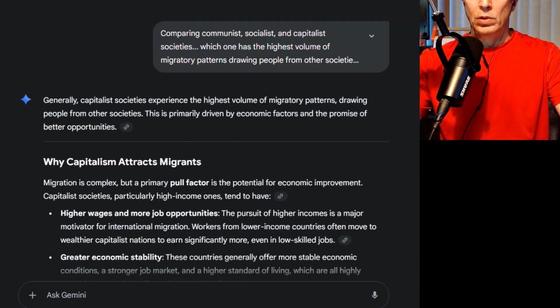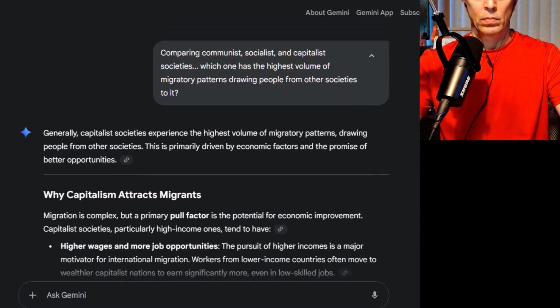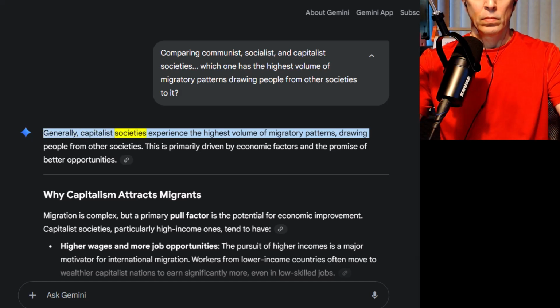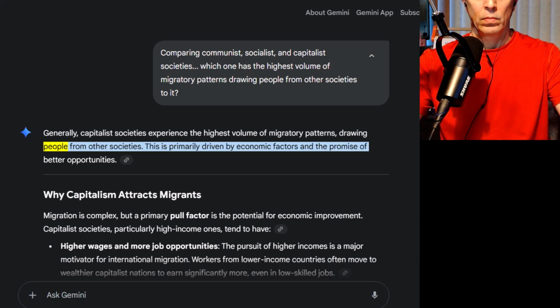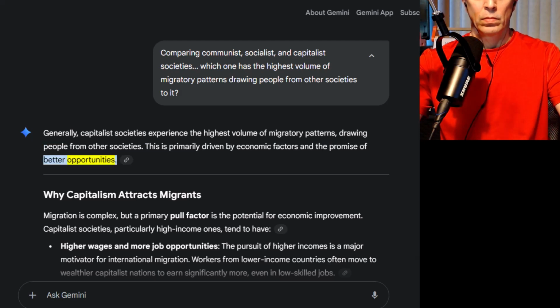Comparing communist, socialist, and capitalist societies, which one has the highest volume of migratory patterns drawing people from other societies to it? Generally, capitalist societies experience the highest volume of migratory patterns, drawing people from other societies. This is primarily driven by economic factors and the promise of better opportunities.